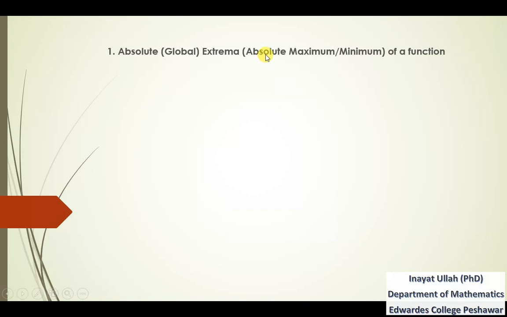Extrema means the maximum and minimum values of a function, which are combinedly called extremum values. So absolute means the most extreme value, the extreme high and extreme low value of a function.